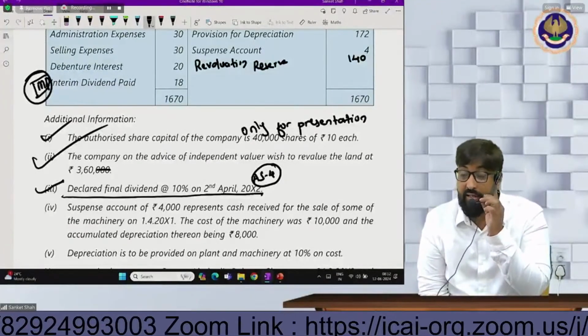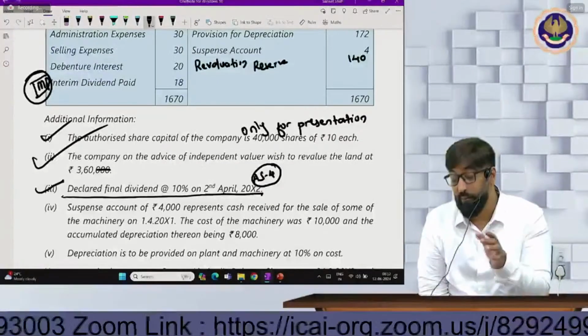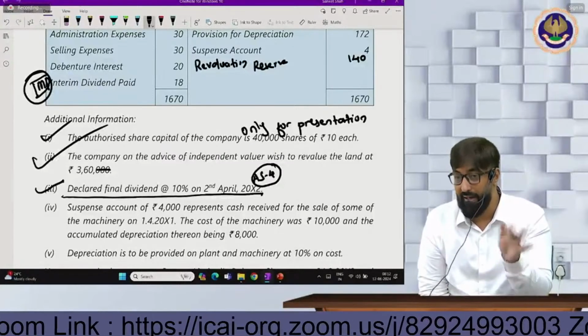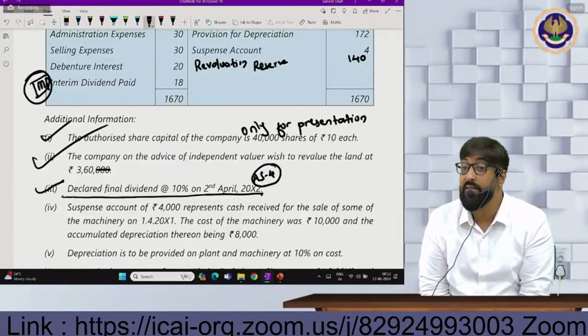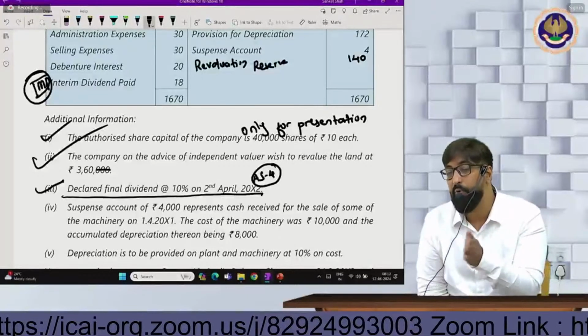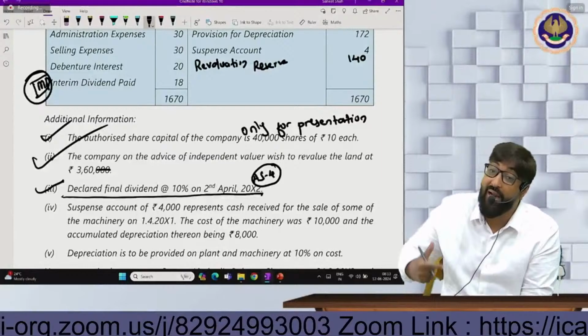Suppose the event existed on 31st March and you received evidence of it between the balance sheet date and the date of approval; in that case only will you adjust that event.